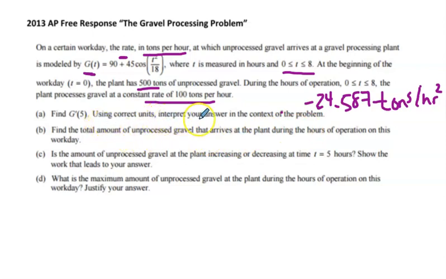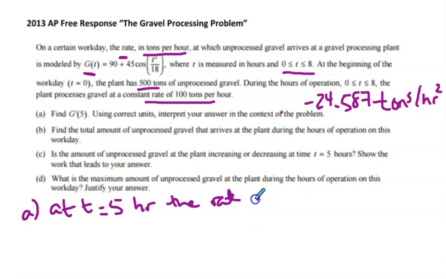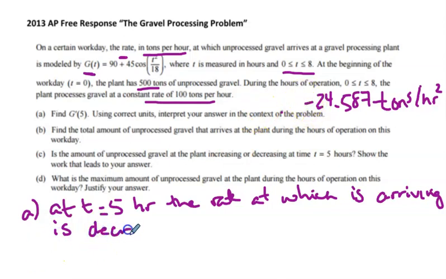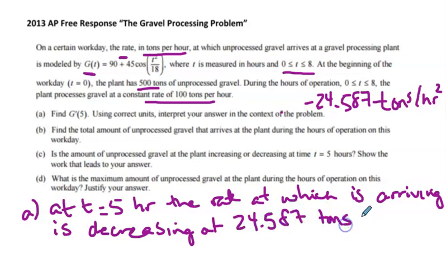Now it asks us to interpret the answer in the context of the problem. So my interpretation is this: at time equals 5 hours, the rate at which gravel is arriving is decreasing, and that decreasing is because of this negative sign, at 24.587 tons per hour squared.